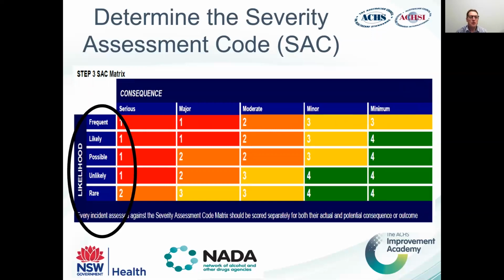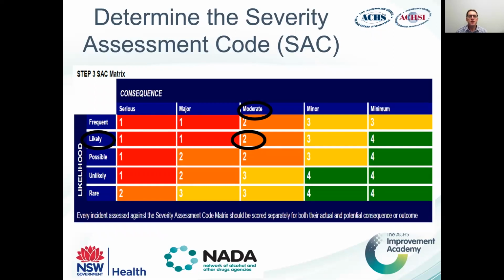The next step is to understand or make a judgment on how likely this incident is to occur again. And again, definitions will be forwarded from the Ministry of Health and for NADA for the sector. But the broad categories are, is it likely to happen frequently, likely, possible, unlikely, or rarely? From those two axes, a SAC rating from 1 to 4 can be developed.